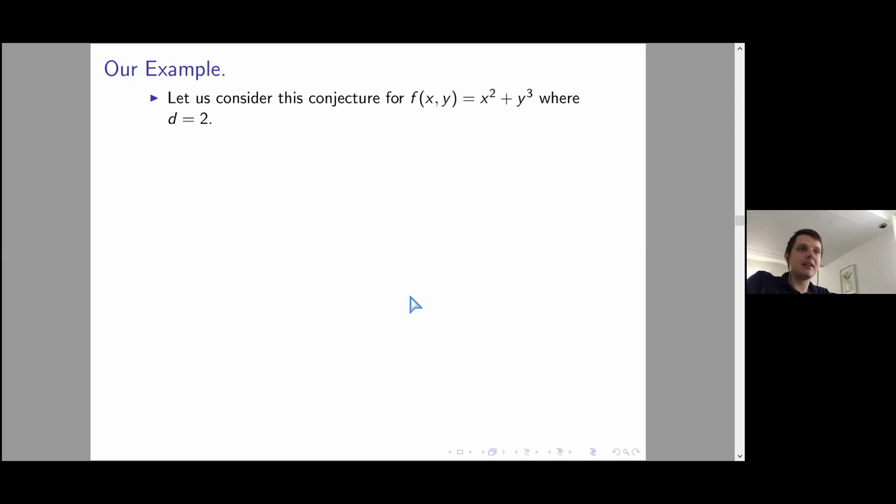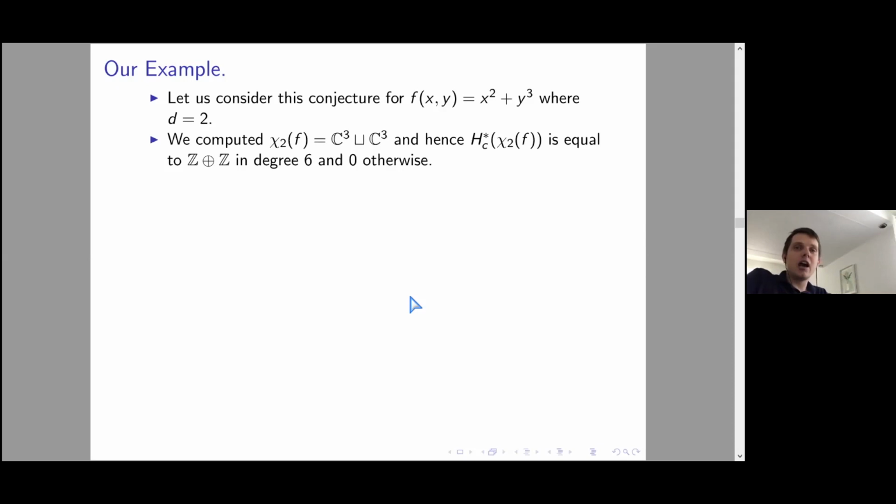Okay, so we're going to look at the case when D equals 2. We already computed the second contact locus, where it's two copies of C cubed, and you can just compute compactly supported cohomology. It's Z plus Z in degree 6 and 0 otherwise.